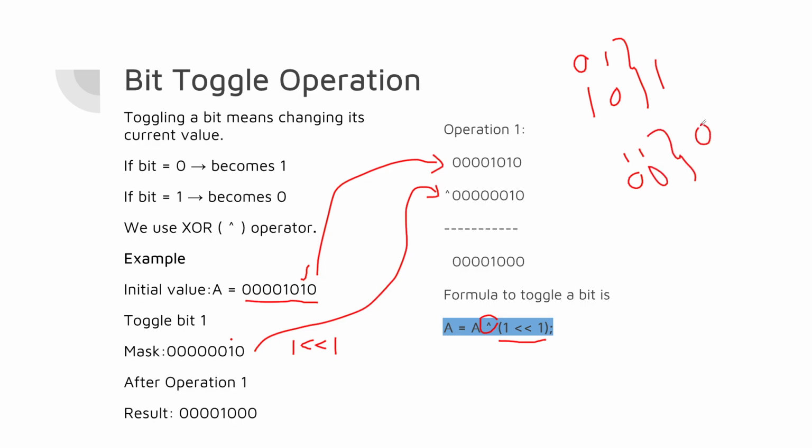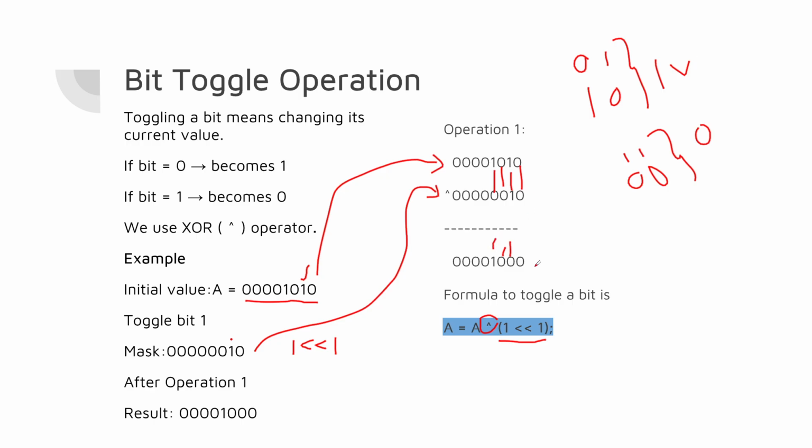This is the truth table of XOR. Now we can perform XOR between A and our mask value. Both are 0, the value will be 0. Both are 1, the value will be 0. Both are 0, 0. If any one of the inputs is 1 and the other is 0, then we obtain the output as 1. So here we have obtained 1.